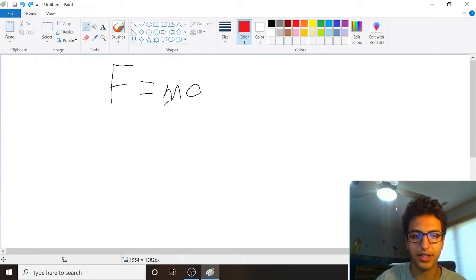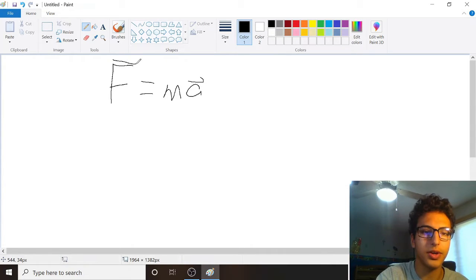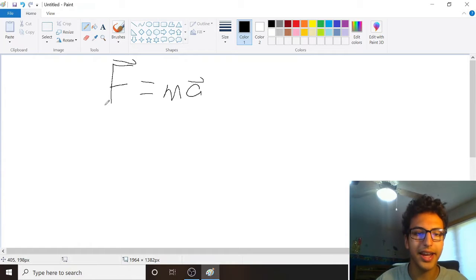It doesn't have any direction. What about acceleration? Acceleration has a direction. It's a vector. So we know force is a vector, and it's a scaled version of acceleration. So it's going in the same direction, but it's scaled based off of the mass.